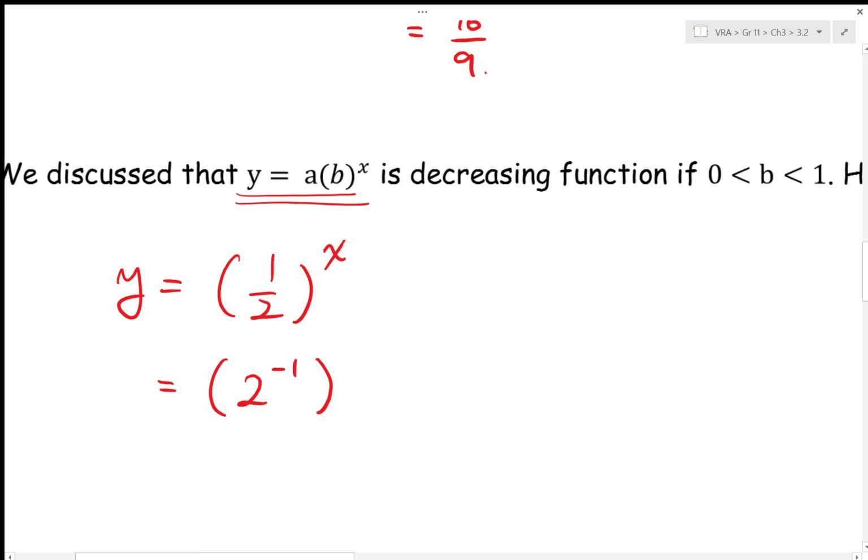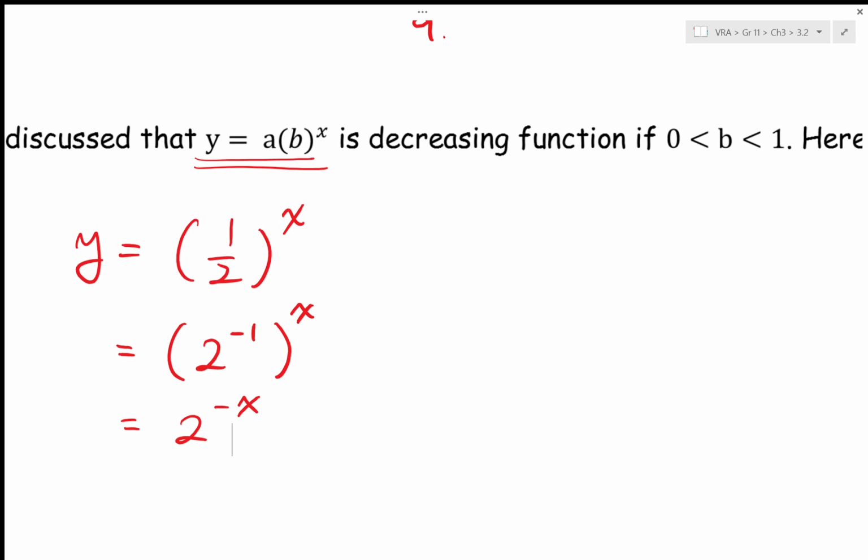You can reverse it, right? 2 to the power of negative 1 is 1 over 2 to the power of 1, which is 1 over 2, and then to the power of x. Now, if you see it, we have to the power of negative 1 to the power of x. So the powers are right beside each other, so we can multiply the powers. So x becomes negative x.